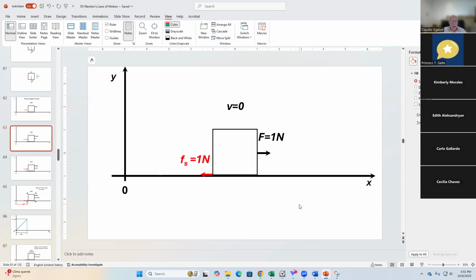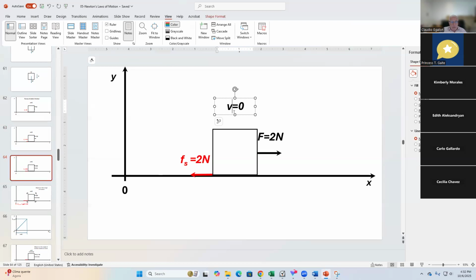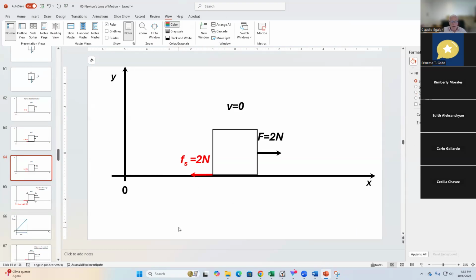That's an actual experiment that you can do, and it's not difficult to perform. If you increase your applied force to 2 newtons and the object still doesn't move, the force of static friction also increased to 2 newtons. Do you understand what I mean when I say that the force of static friction has a range of values? It doesn't have a specific value, but it can have a range of values.